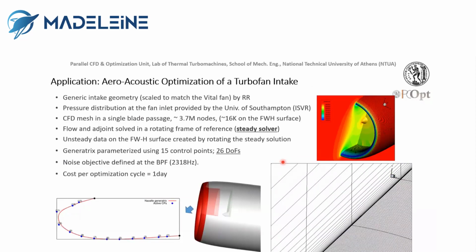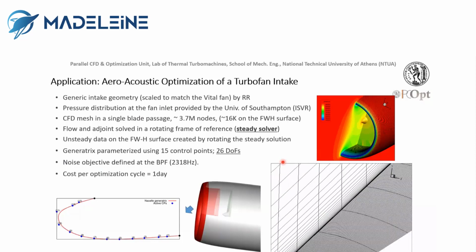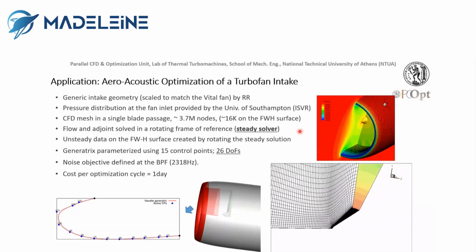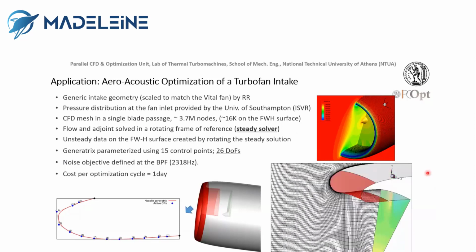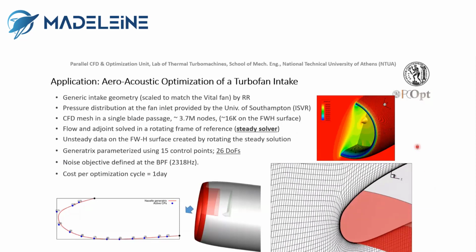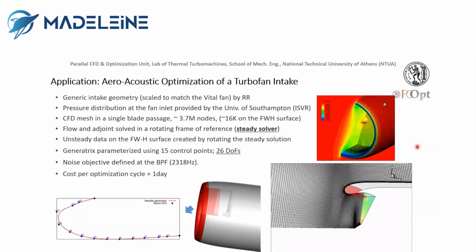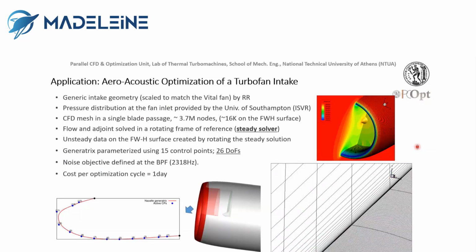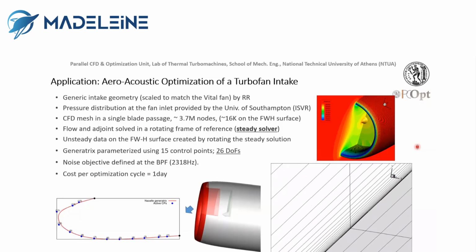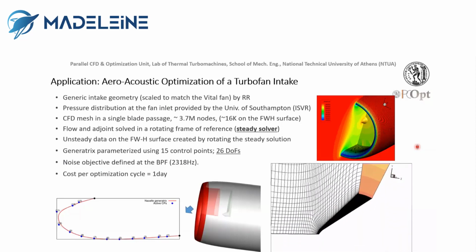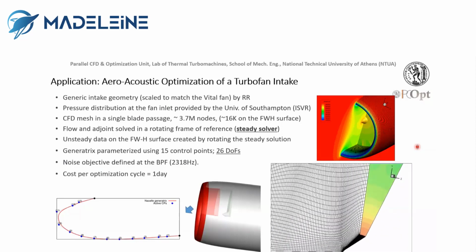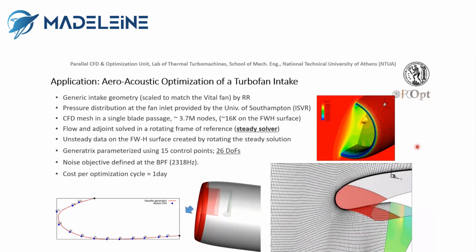In MADELEINE, the hybrid tool is applied to the acoustic shape optimization of a turbofan intake. The intake geometry was provided by Rolls-Royce and the pressure distribution at the fan inlet by the University of Southampton. The engine is not included in the optimization and manifests its presence through this boundary condition.